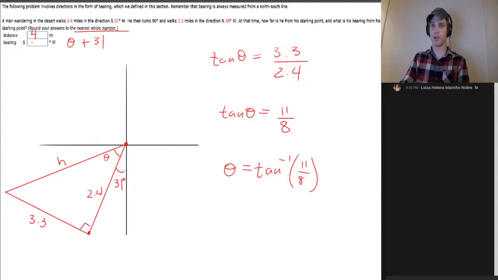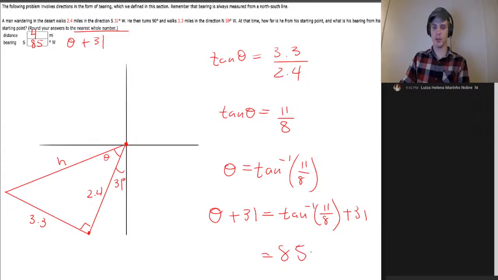So we get 85 here. Theta equaled 54, but probably what you should just do is add it in your calculator all at once. And so this thing is approximately 85 degrees, just rounding to the nearest whole number like the instructions say.